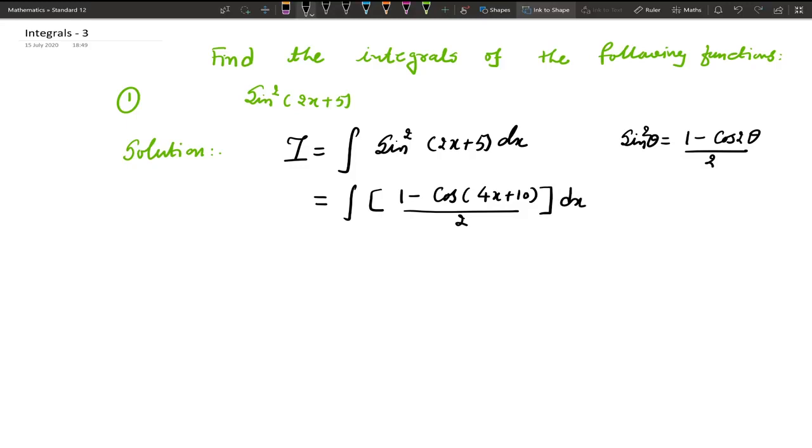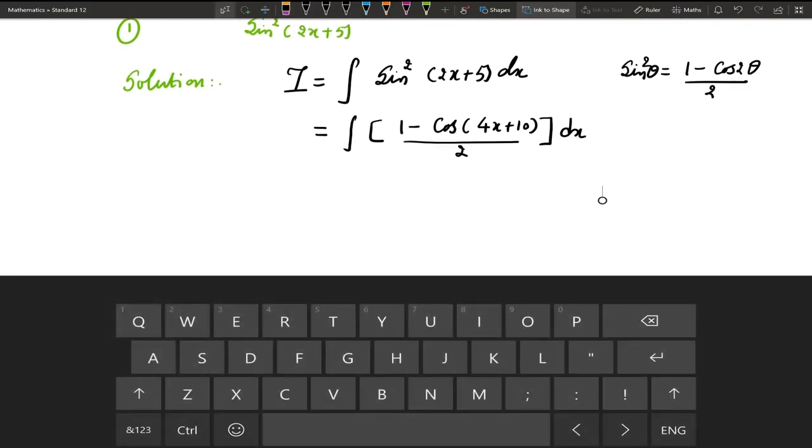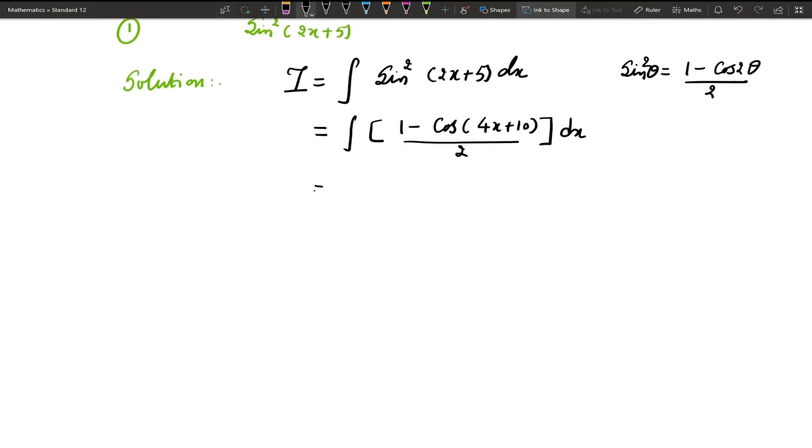So we remove the power. Now we integrate term wise. So 1/2 is constant, 1/2 integration of 1 dx minus 1/2 integration of cos (4x plus 10) dx.